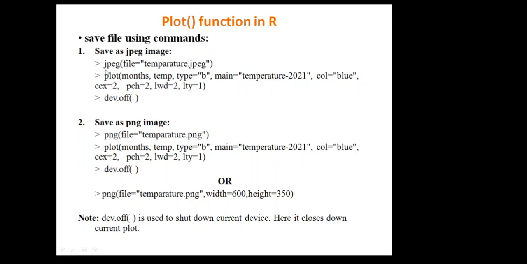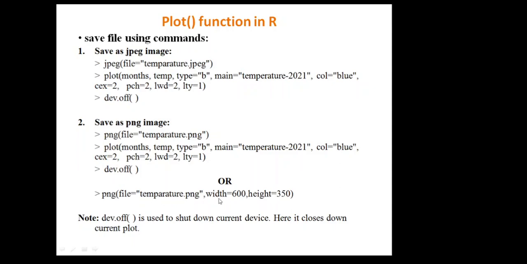If you want JPG, then use the JPG function. If you want PNG, then use the PNG function. If you want to save your graph as a BMP image, then use the BMP function. The only change is in the name of the function, the type of image. Now here you can specify the width and height, the size of your image along with the file name.